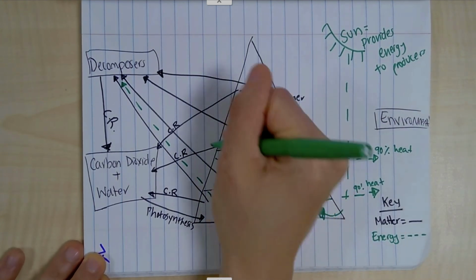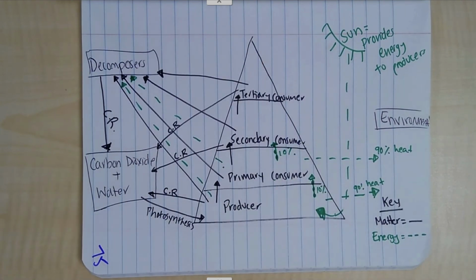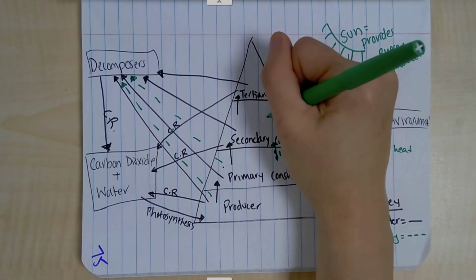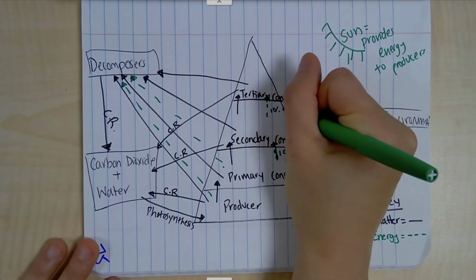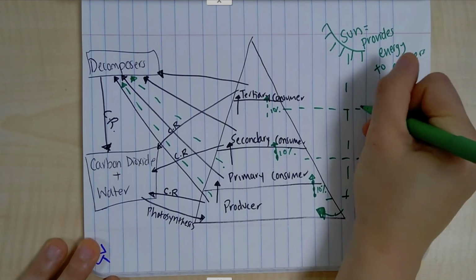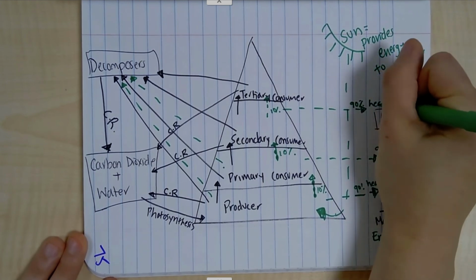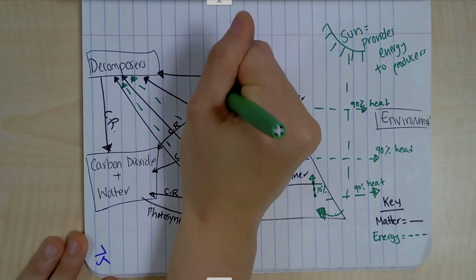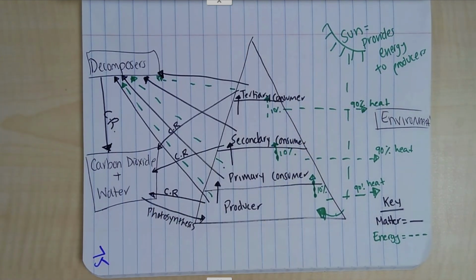And remember, it could go up to our decomposer. And almost done. This would be our 10%, for them to be able to use, and then 90% gets released as heat. But remember, they could end up having a decomposer eat it, so it's not like it just ends up disappearing.